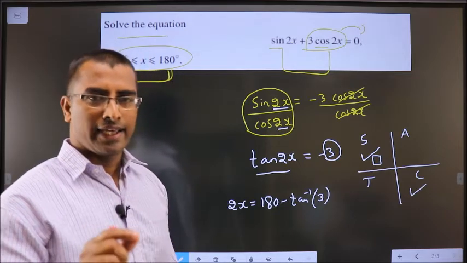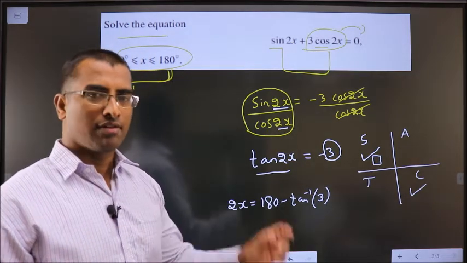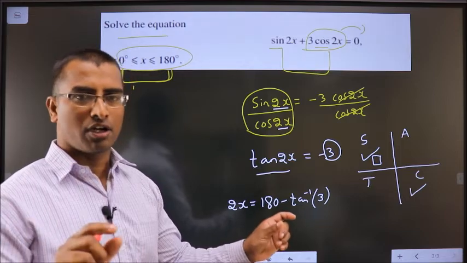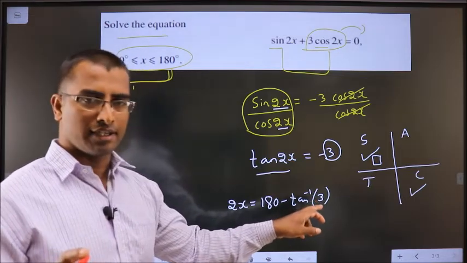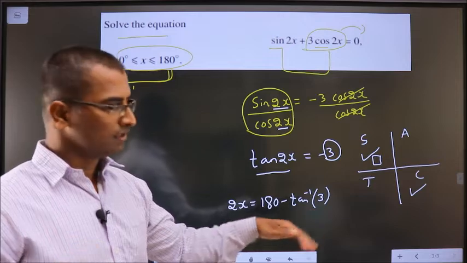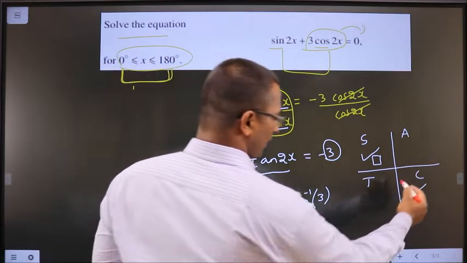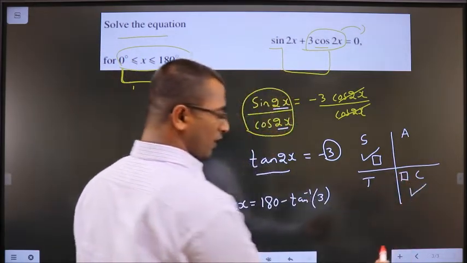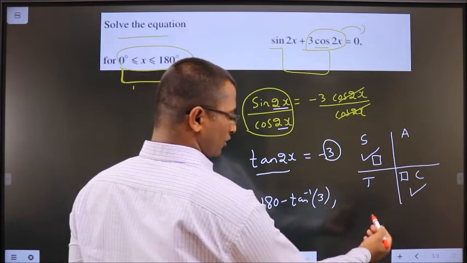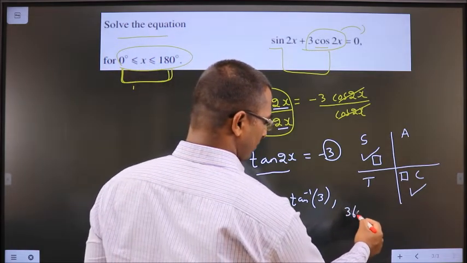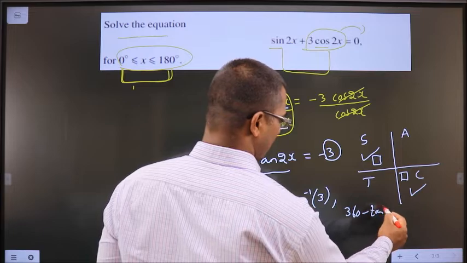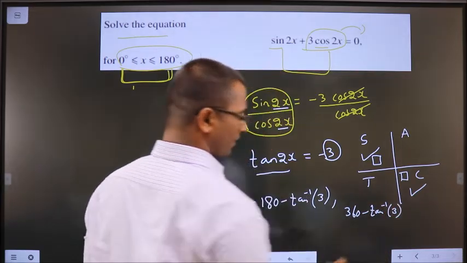Sign only helps you to select the quadrant. Once the quadrant is selected, you should not take minus 3 again over here. Remember that point. Next, to get an angle in the fourth quadrant, you should do 360 minus tan inverse 3.